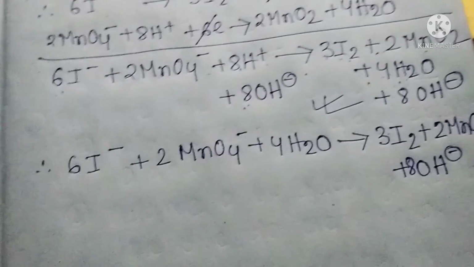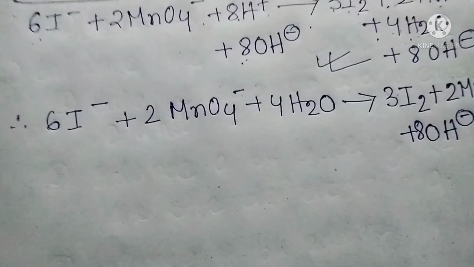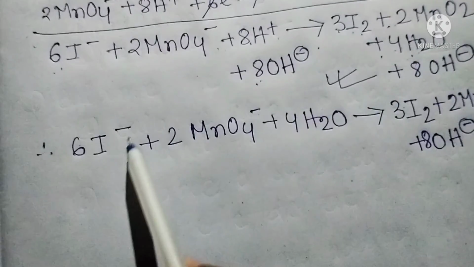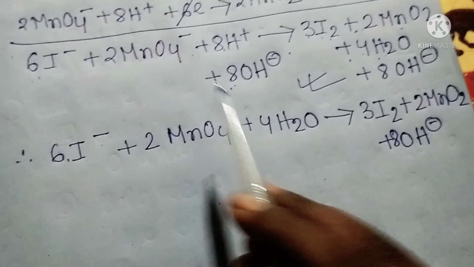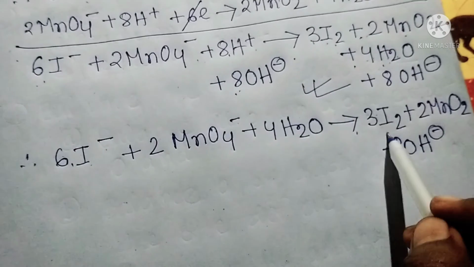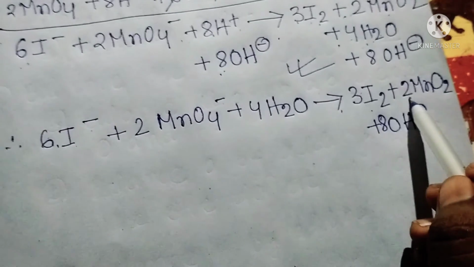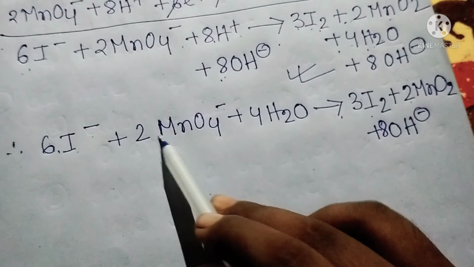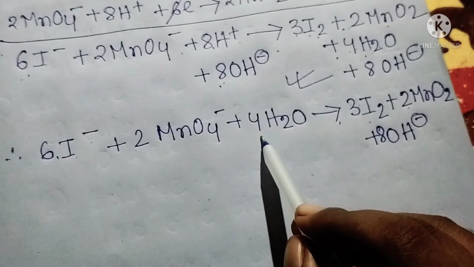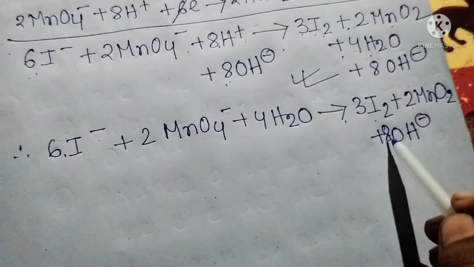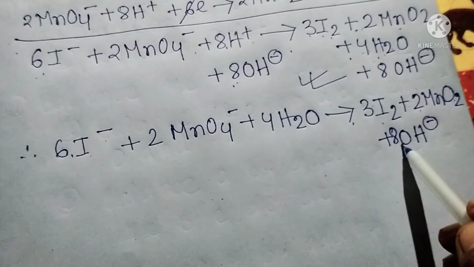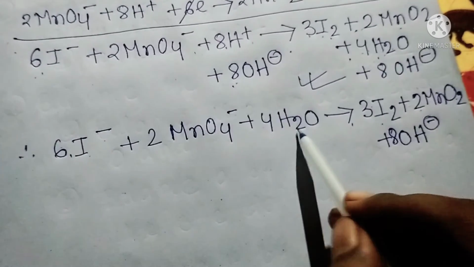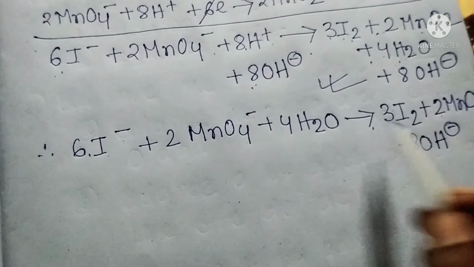Let's see now if the equation is balanced. Here 6I minus, 6 iodine, here 6 iodine, 2 manganese, 2 manganese, 4 2s are 8, 8 plus 4 is 12 oxygen, 2 2s are 4 and 8, 12 oxygen is present, 4 2s are 8 hydrogen, 4 2s are 8 hydrogen is present.